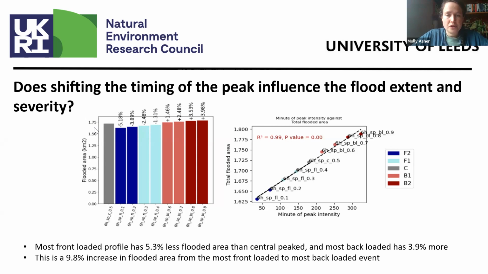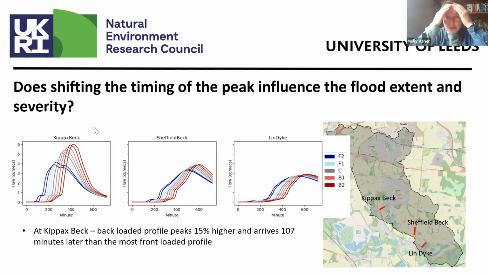I've also produced some flow hydrographs and looked at the timing of the peak flow across several cross sections in the catchment. The locations of these are marked on the map, and the plots you see on the left-hand side are moving progressively downstream from Kippaxbeck to Lindyke at the bottom.